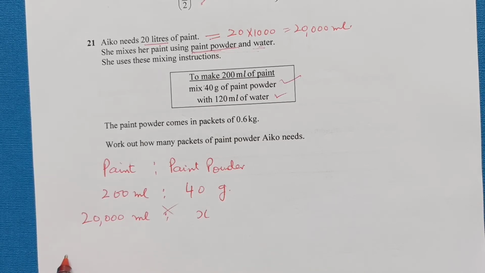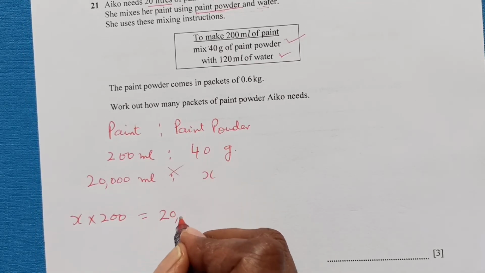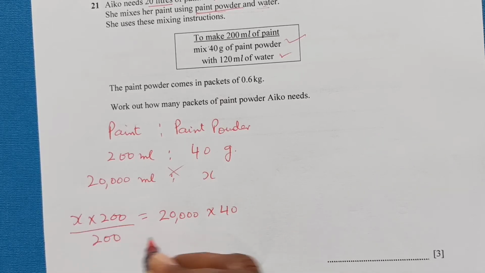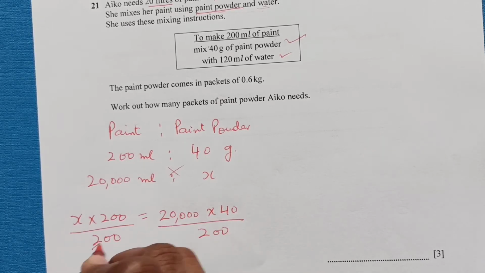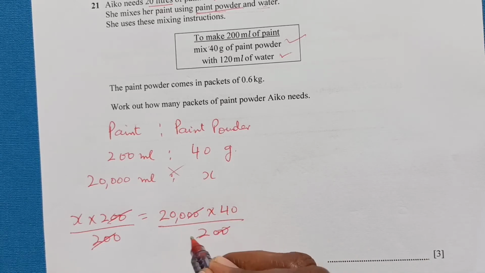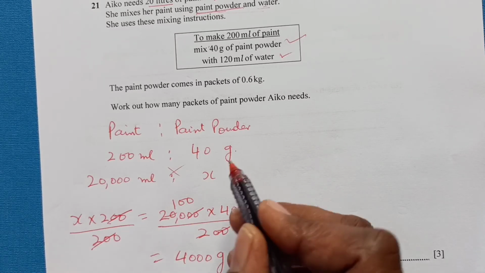So we will have x times 200 equals 20,000 times 40, right? So divide by 200, divide by 200. These two zeros are gone, so it is 100. So it needs 4,000 grams of paint powder.